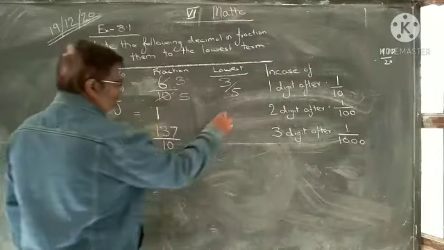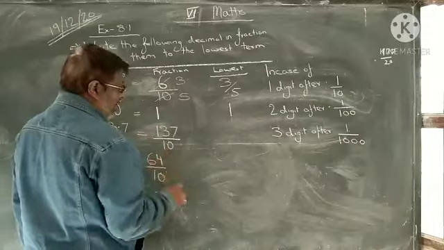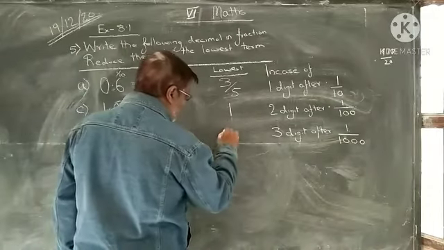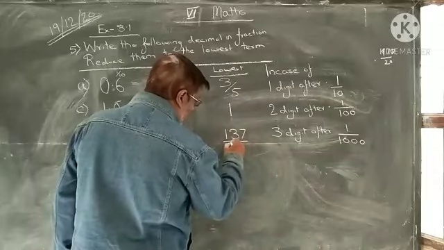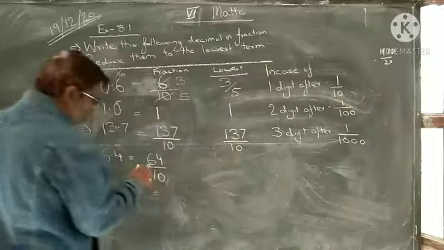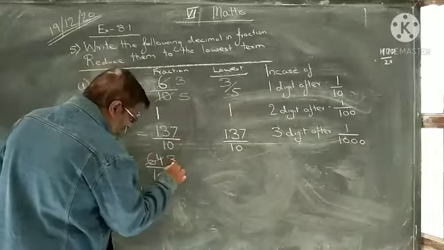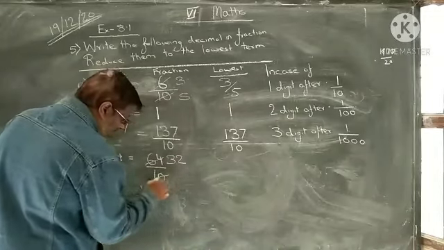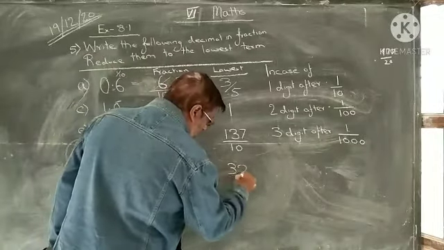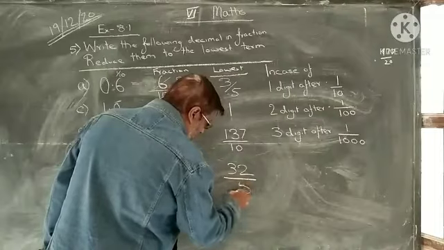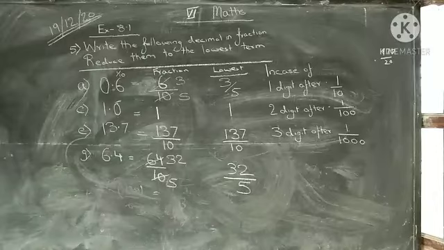In case of 1, we will simply mark it as 1. 137 by 10, we cannot divide this, so we will write the same 137 by 10. And 64 by 10, we can divide 64 by 2, it comes as 32, and 10 as 5. So we will mark it as 32 by 5. This is how we will do it.